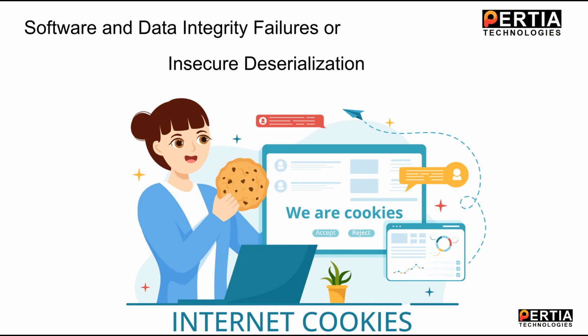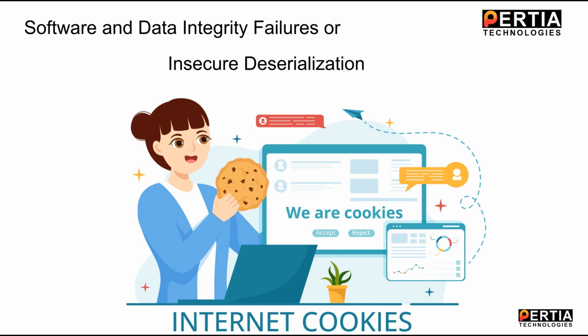So, what happens when you first order a pizza? The server creates a cookie that stores your pizza preferences. These preferences are serialized, which means they are converted into a format that can be easily stored and transmitted. The server sends the serialized cookie to your browser, and it is stored there for future visits.